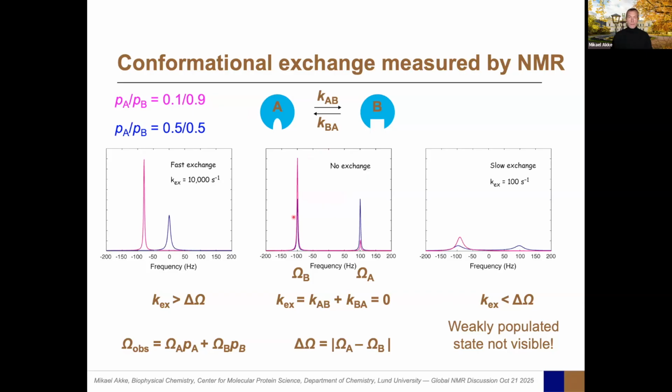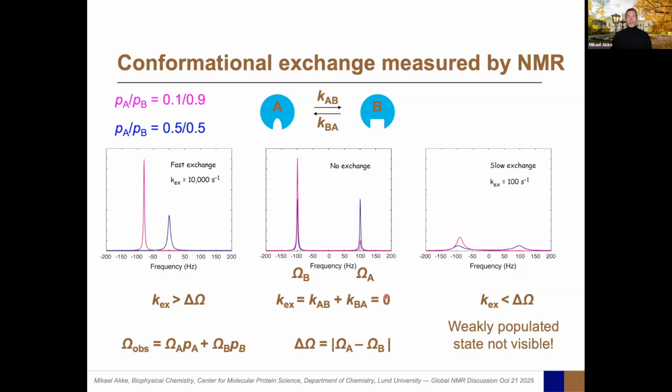So in the middle panel here, we assume that there is no exchange, so the rate constants here are both zero. In that case, where you had 50-50, you would see two peaks of equal height and basically the same natural line width. Whereas if you have skewed populations, then the peak height scales with the relative populations. You would have one high peak and one low peak. And the exchange rate, like I pointed out, is zero.